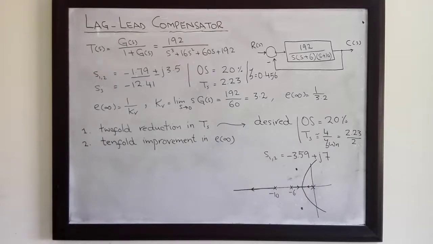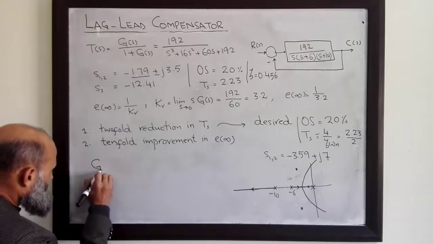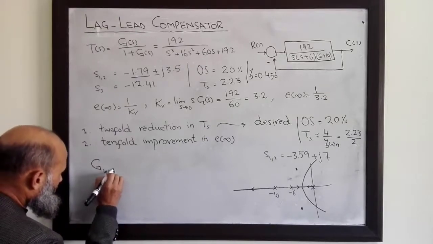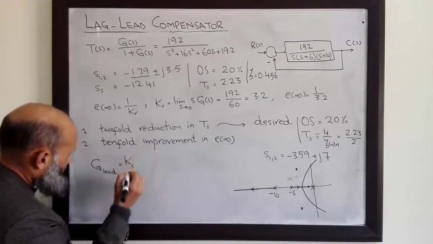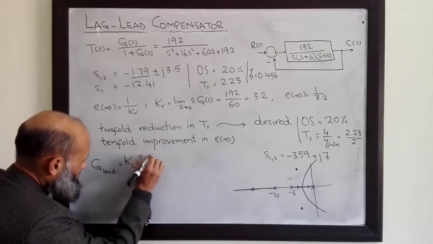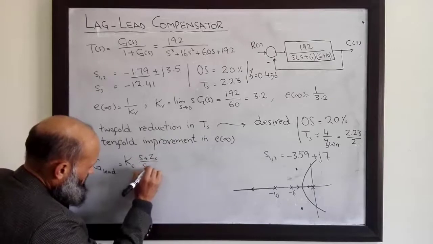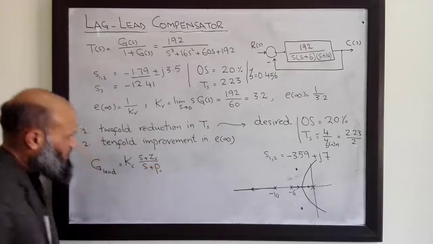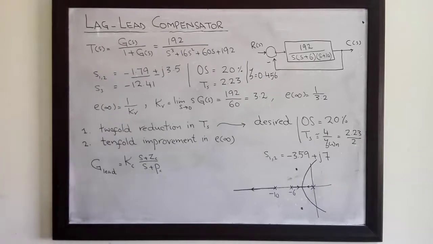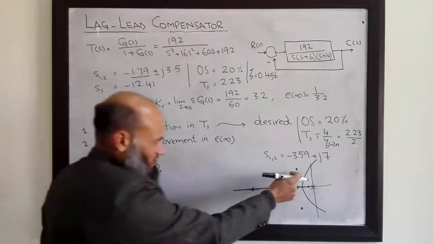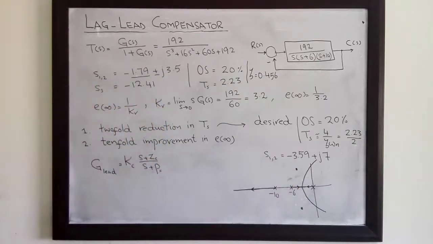The transfer function of the lead compensator G lead is given by Kc (S plus Zc) over (S plus Pc). The values of Zc and Pc are selected such that the angle condition is satisfied for these points.